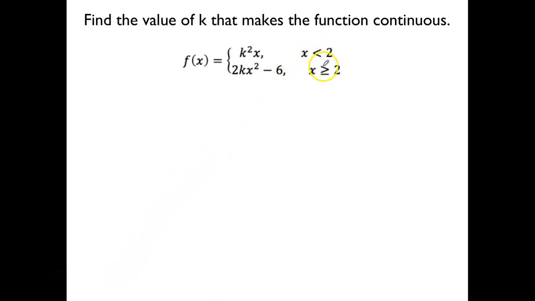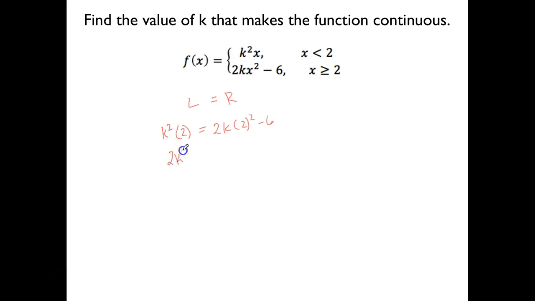Notice we are doing the exact same thing. We're going to set the left-hand side equal to the right-hand side. It's going to be k squared times 2, because I'm plugging in 2 for the x value, equals 2k times 2 squared minus 6. I plugged in 2 for all the x values.